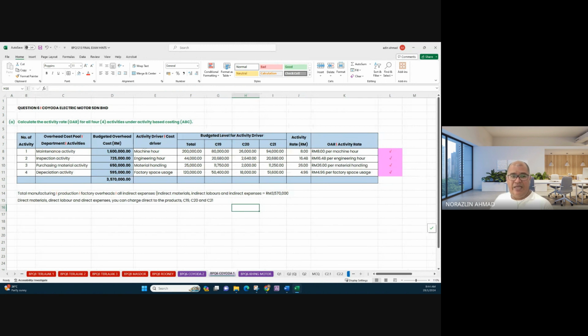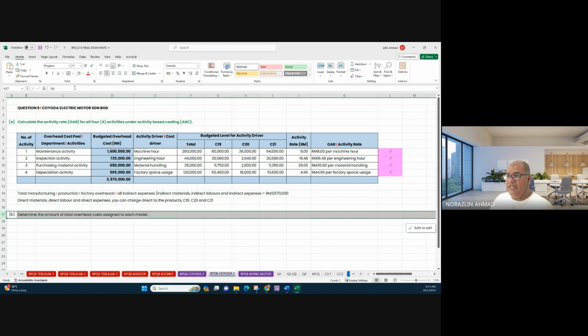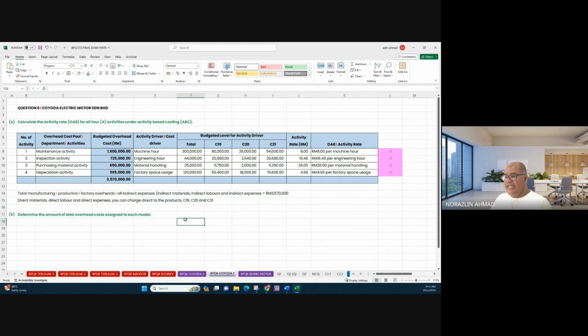Then we go to question number 2. Question number 2 stated that we need to determine the amount of total overhead cost assigned to each model.